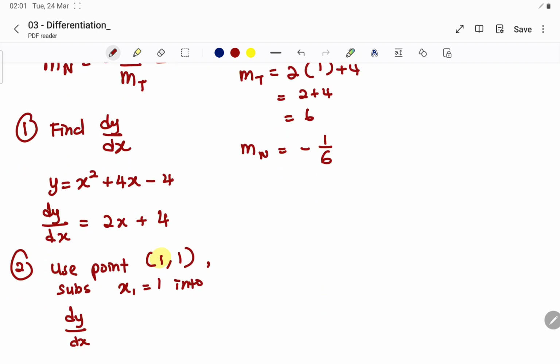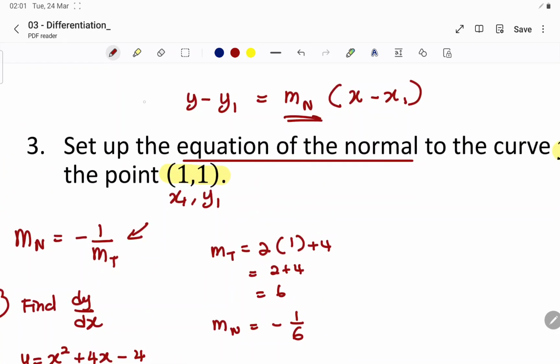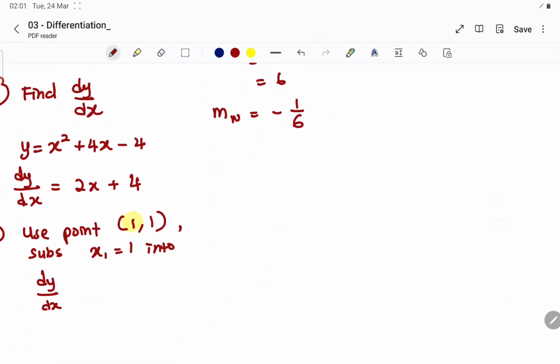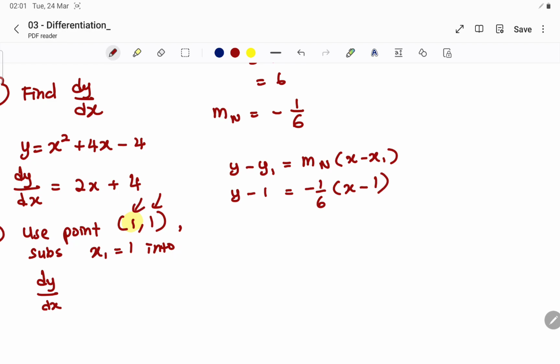Now you already got your m_n, so what you have to do is substitute into the formula for the equation of the normal, which is y minus y1 equals m_n multiplied by (x minus x1). So y minus y1, y1 is equal to 1, m_n is equal to negative 1 over 6, x minus x1, x1 becomes 1.